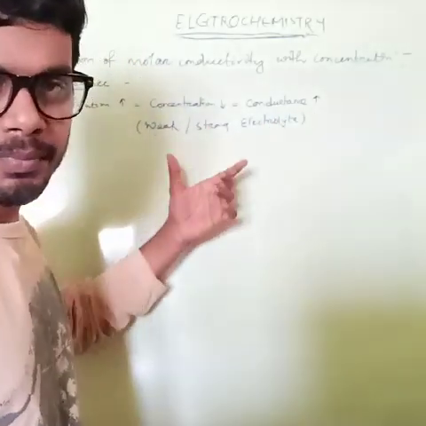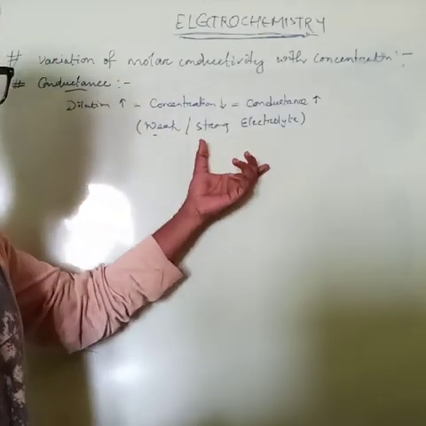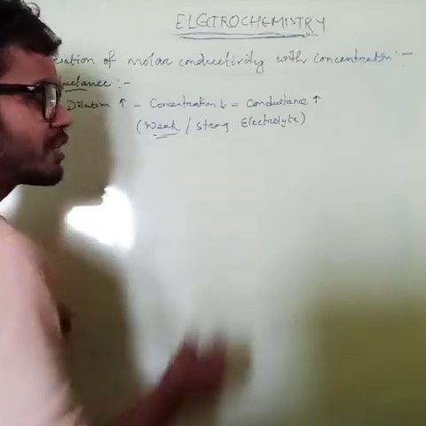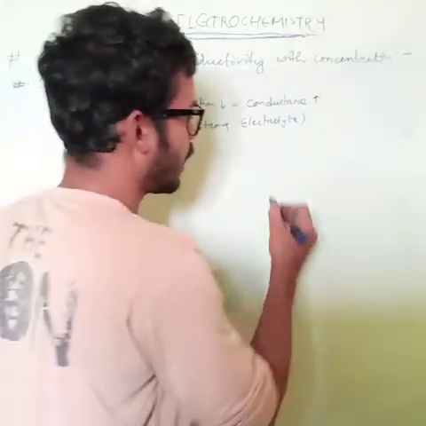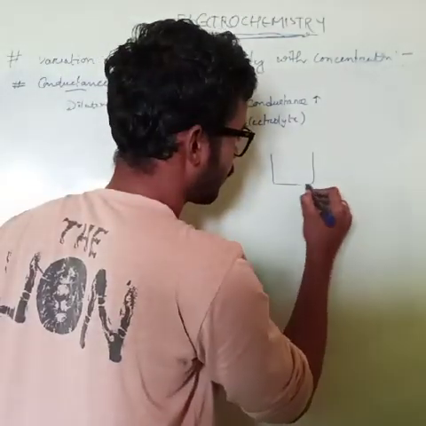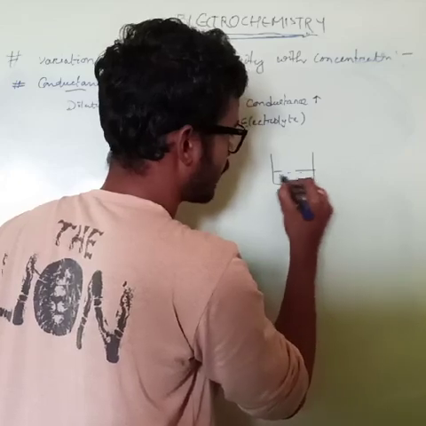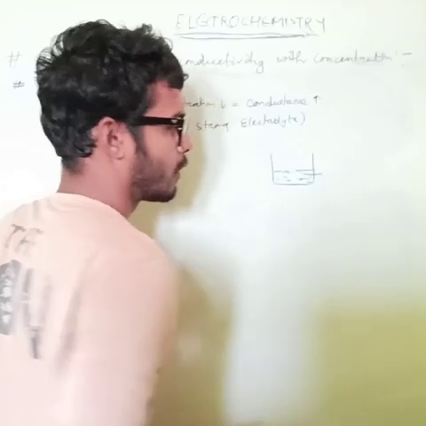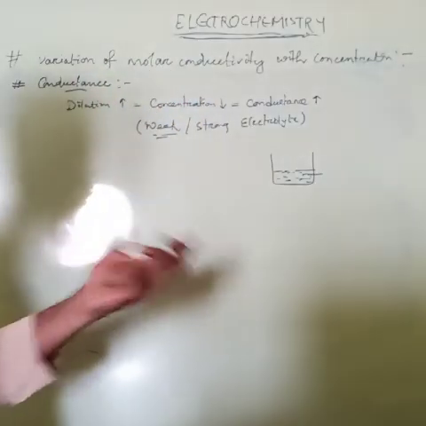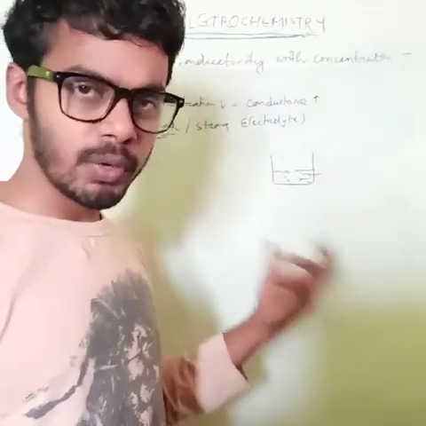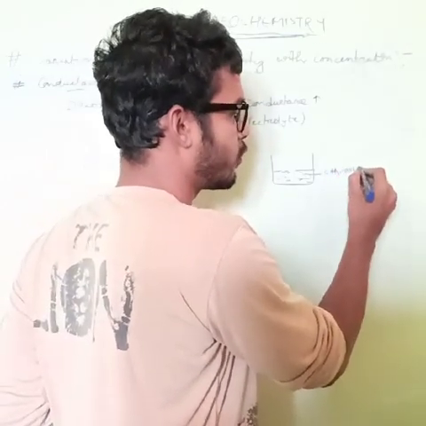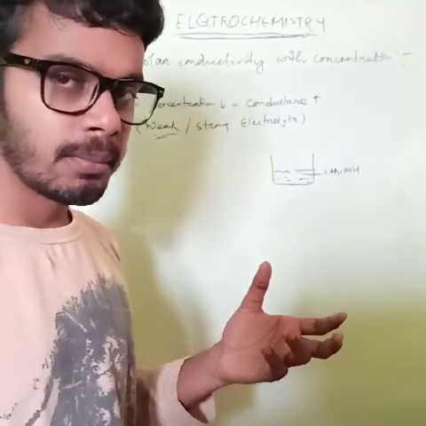How does it work in both cases? If we consider a weak electrolyte, such as acetic acid, we know it is a weak electrolyte. Why?